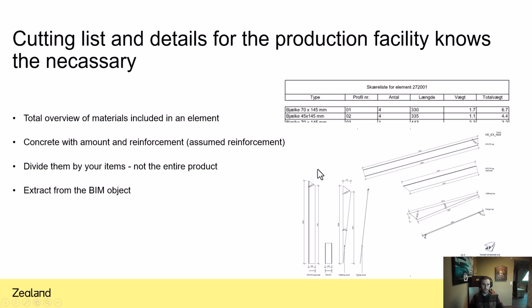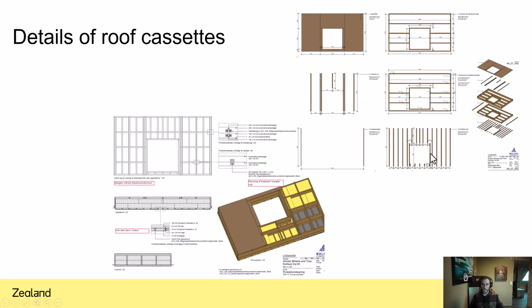You don't have to divide every one of them, but make a 3D where you divide the different parts, like here. You divide these into different parts so we can see how you would like to put the things together from the start to the end.